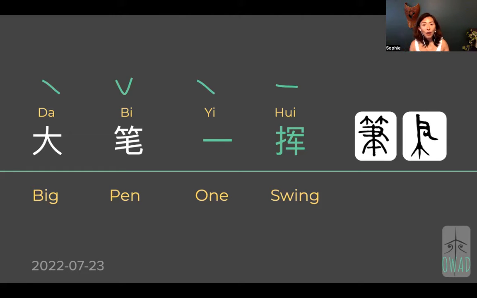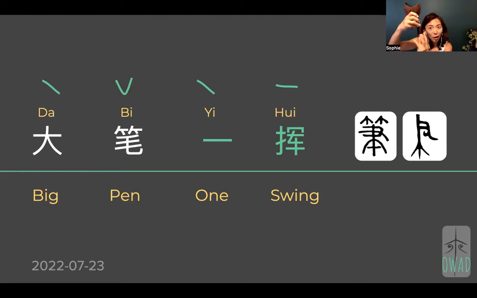And here, when we say 一挥 and 大笔, 大笔 is a different gauge of brush. Okay, I have a Sharpie here. So this is more like a smaller one, and 大笔 is more like a bigger one. Sorry, I don't have a brush, but imagine a thicker tube. And also the brush is going to be thicker, right?